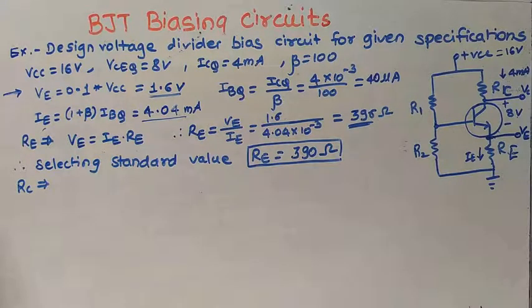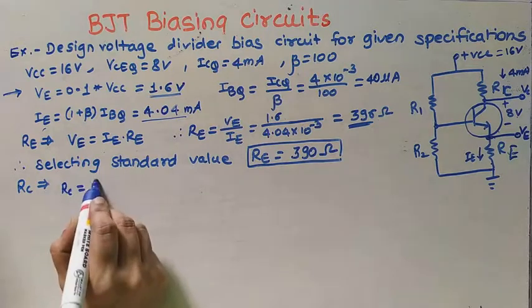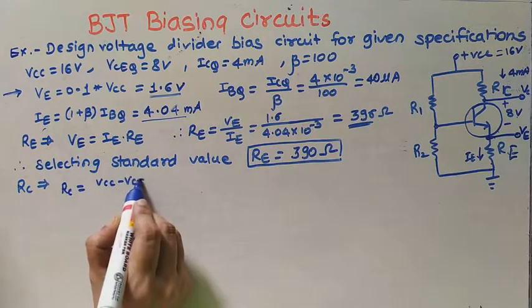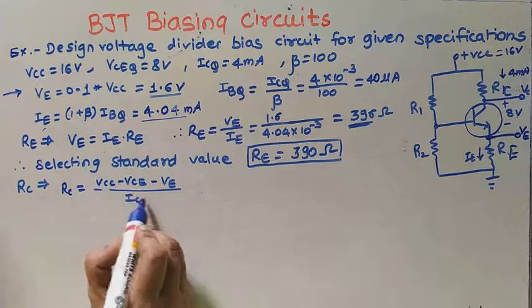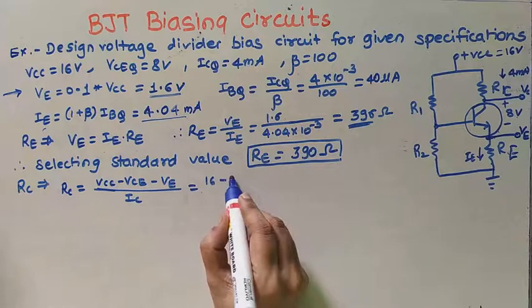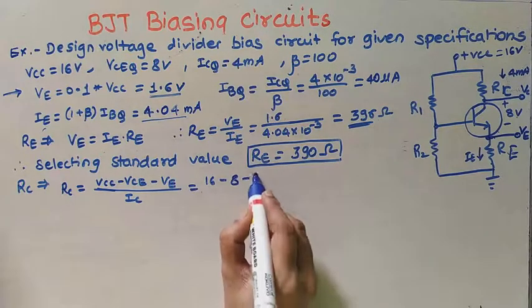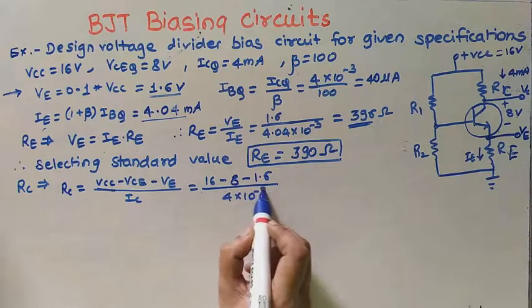So if you apply the KVL, the value of RC will be VCC minus VCE minus VE divided by IC. So VCC is 16 minus VCE is 8 minus VE is 1.6 divided by 4 into 10 raised to minus 3 ampere.